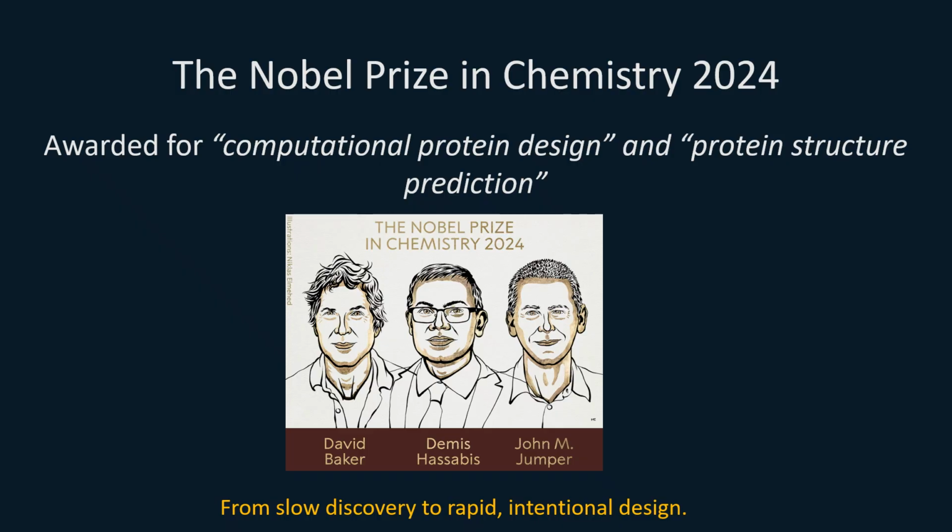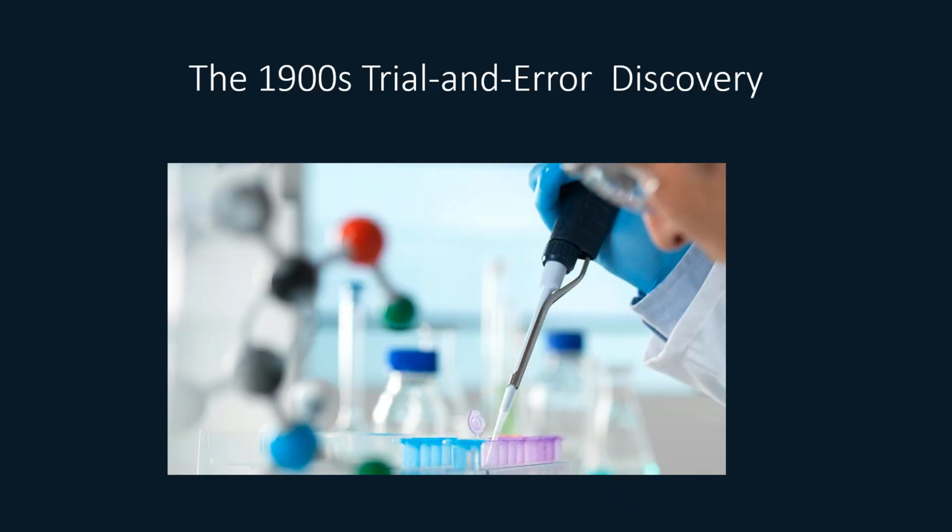Let's start with a little bit of history. In the past, pretty much all of the 1900s, drug discovery relied mostly on trial and error. It was slow, and obviously, you can guess that there was a lot of luck involved in discovering new molecules.